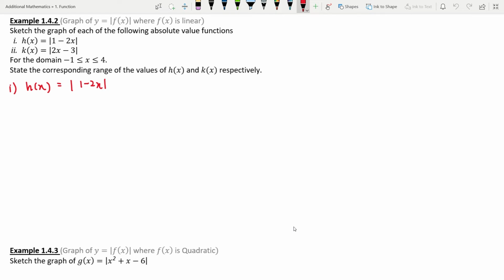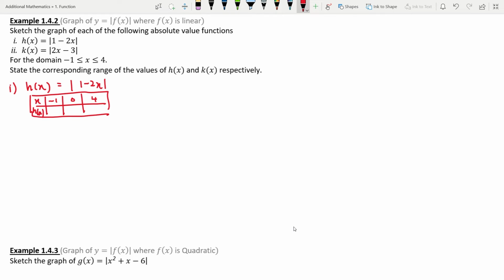What we can do is, we draw a normal graph for h of x, which is the graph without a modulus. Let's get some values to sketch our graph: negative 1, 0, and 4.